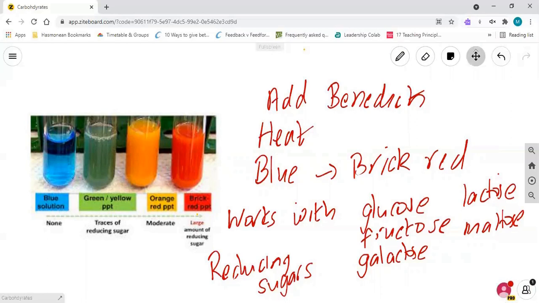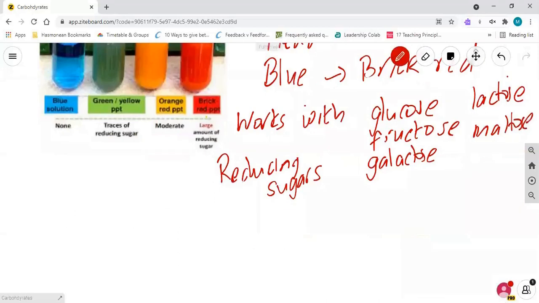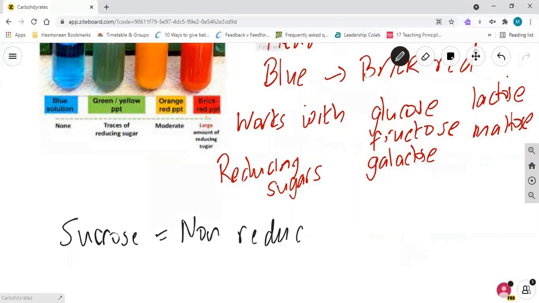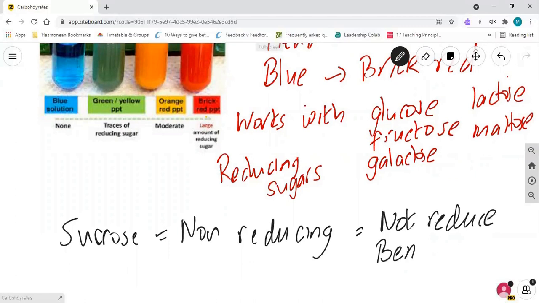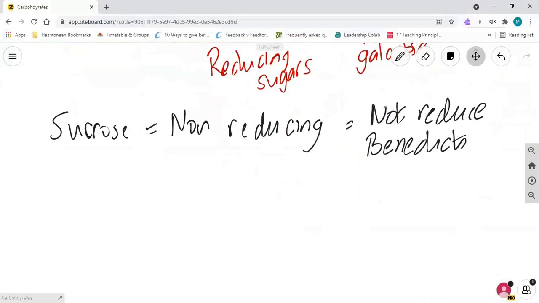And that is because sucrose is non-reducing, i.e. it does not reduce Benedict's. Benedict's will not change colour. So if I were to take some sucrose solution and test it with Benedict's, nothing will happen. Absolutely nothing.